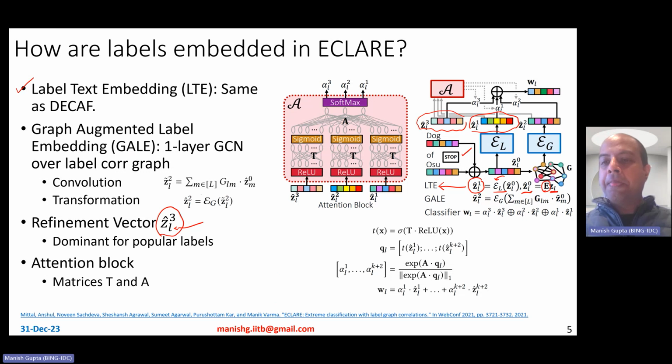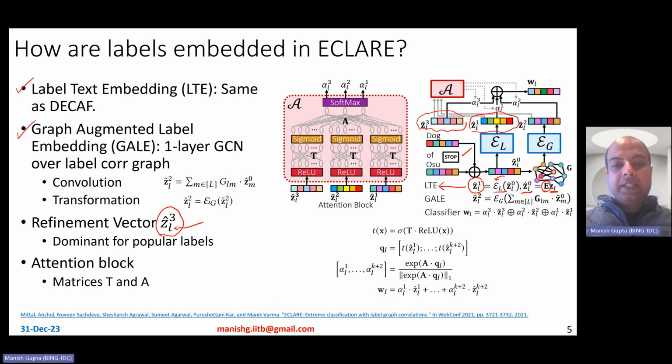Now, how is your ZL2 obtained, which is the second label representation? It's obtained using the label correlation graph that you learned. So it's called graph augmented label embedding, since it's graph based label embedding.